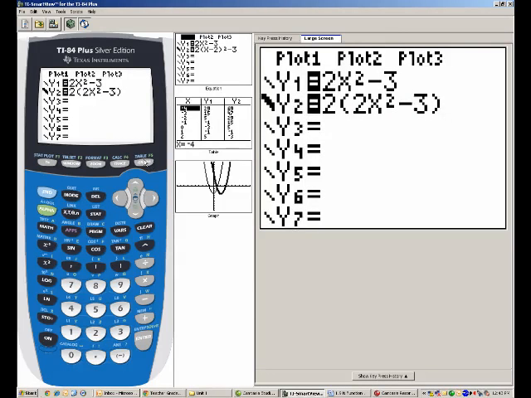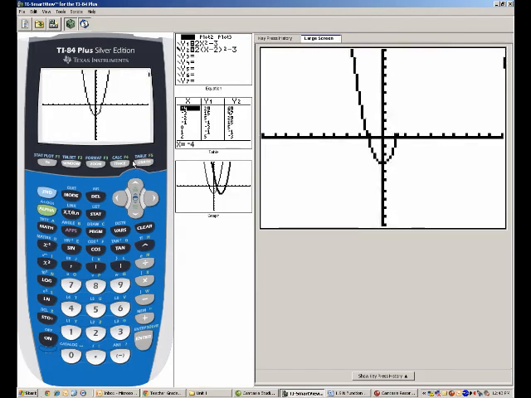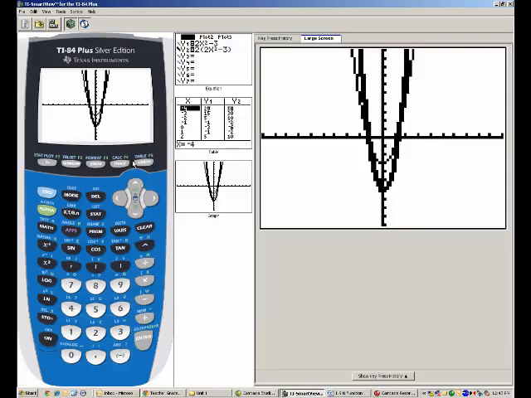All right. Let's graph it. Here's our original. Here's our new function. Okay? In order to really see what's happening here, let's look at our table.